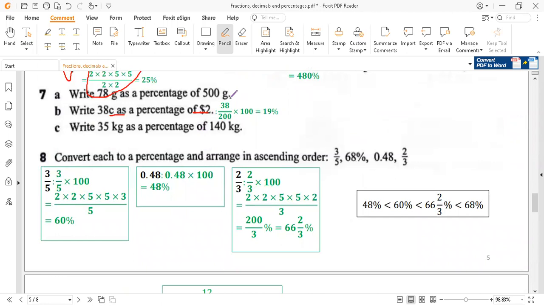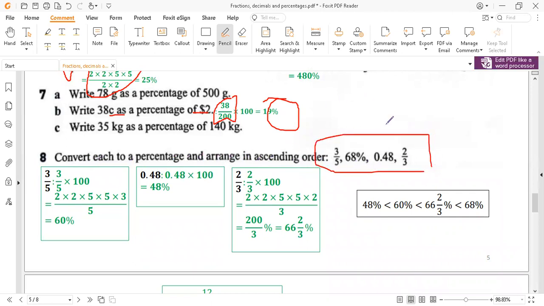So it is easy to calculate 388 divided by 200, and we multiply it by 100 to obtain the percent, 194%. And to arrange in ascending order a list of numbers, we should convert them all into the same type. So we convert them all into percentages, and then we put them in order.